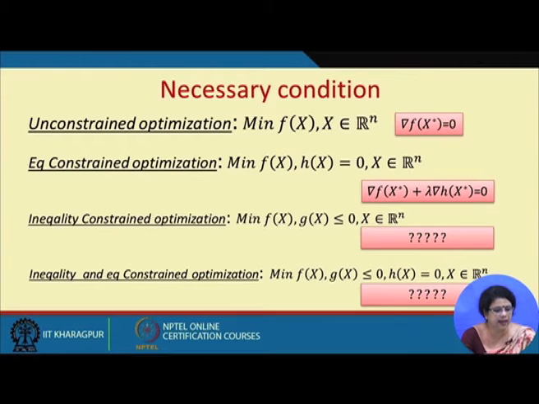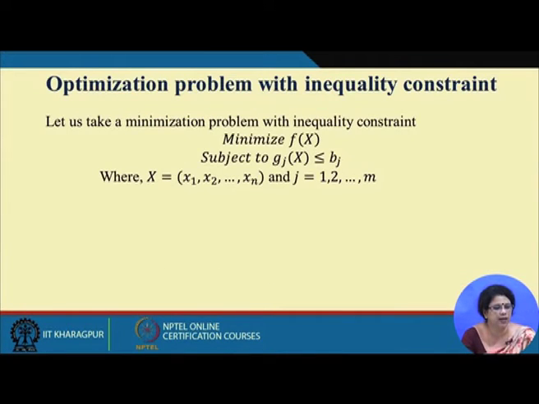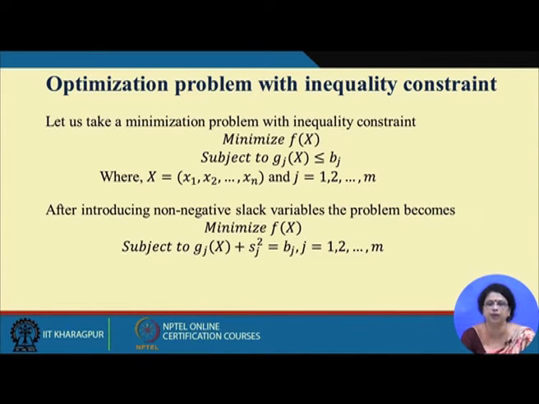Now, in continuation to my previous class where I dealt with the equality constraint optimization problem, we are here to find out what will happen when we have m inequality constraints. As you have done in linear programming, whenever you have an inequality constraint, you introduce either a slack variable or a surplus variable, depending on whether the inequality sign is less than or equal to, or greater than or equal to.